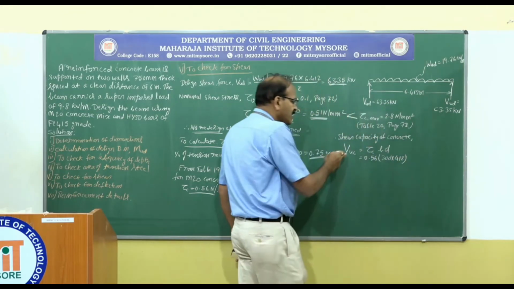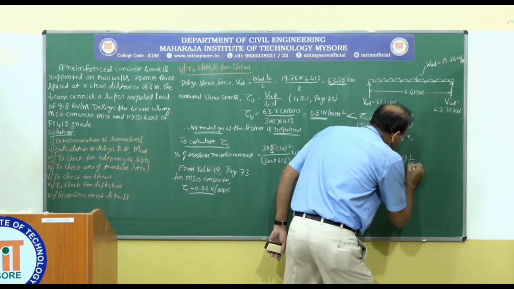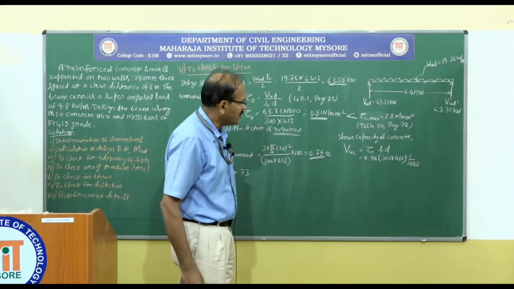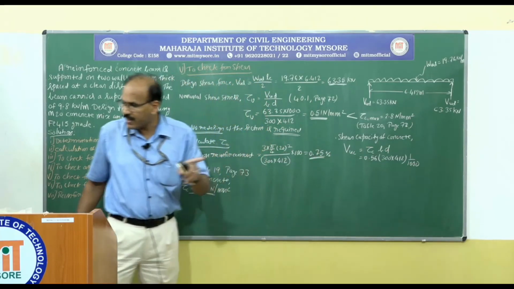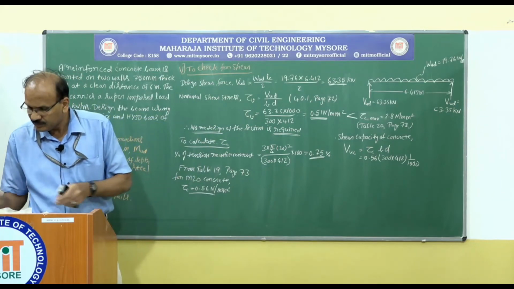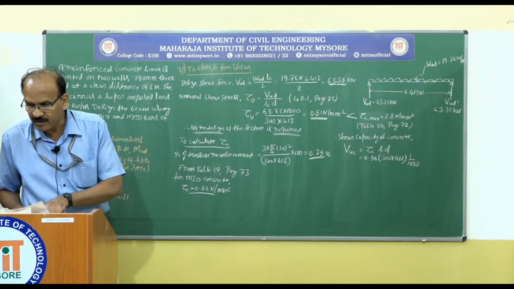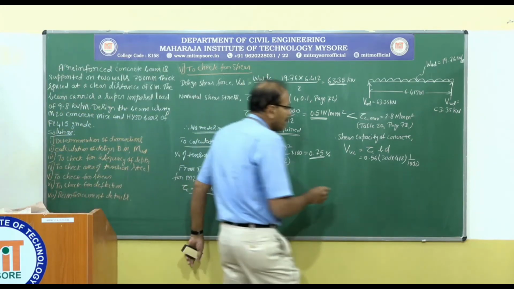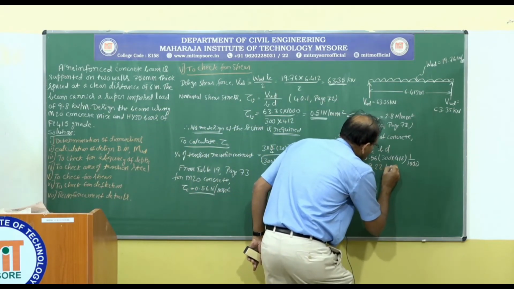So, we are going to get this value in terms of Newton. I am going to convert that into kilonewton by dividing that value by 1000. So, I am going to get the value of VUC equal to 69.22 kilonewton.